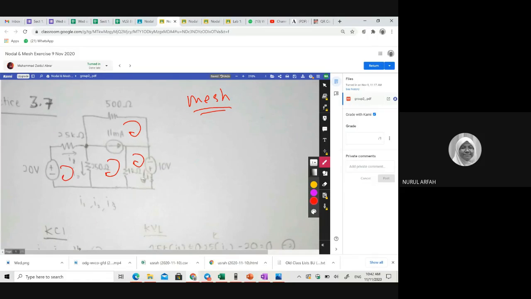So please do not forget to draw the loops. Okay, number 2, what should I check? Boundaries. Yes, boundaries. Super mesh, okay?